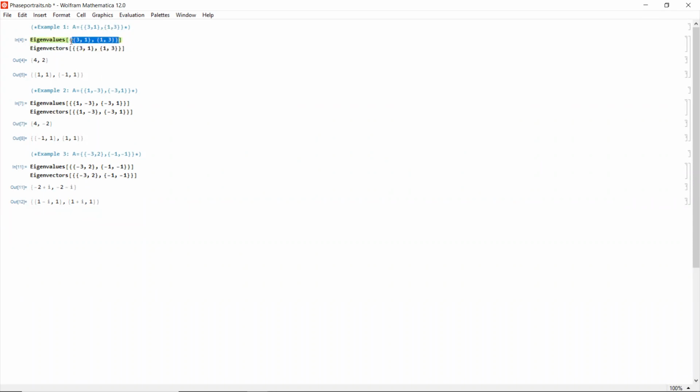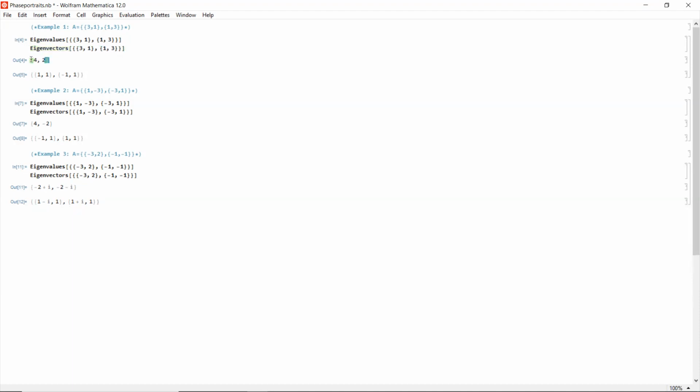There is a function already built in Mathematica, Eigenvalues, and then we put in the matrix. Note that the notation is a little bit different than MATLAB, but for symbolic computation, it's better to use Mathematica. And for eigenvectors of this matrix, there is also a function.